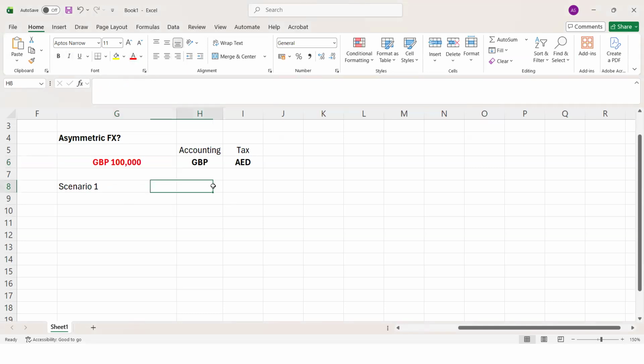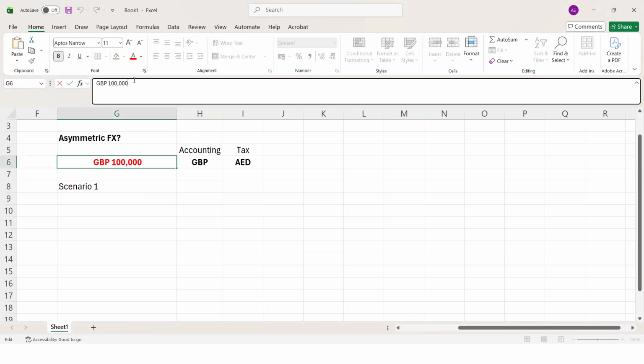Now, scenario one: the exchange rate when I acquired this was 1 GBP equal to 4 AED.